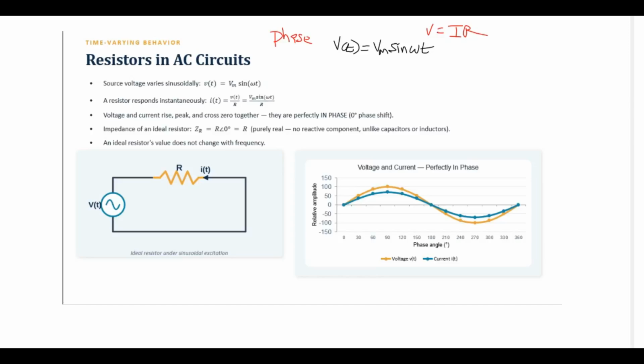So since the voltage is behaving like this, current is a consequence of potential difference or voltage, so the current is also going to be behaving like that. We can say I of t, the instantaneous value of the current, is equal to the maximum value of the current, Im sine omega t. So an alternating voltage is going to produce an alternating current.